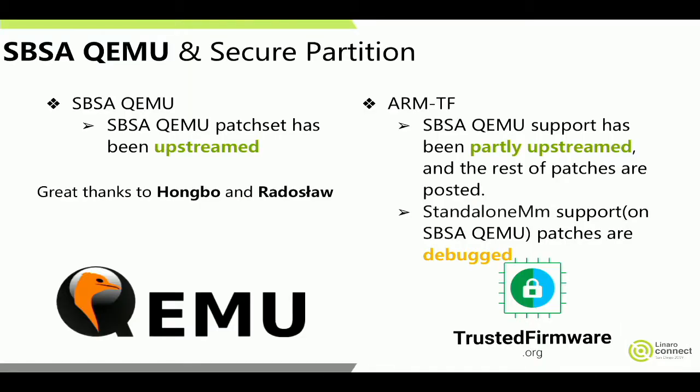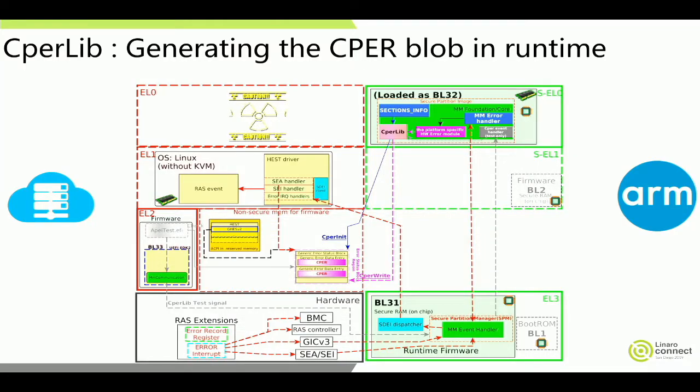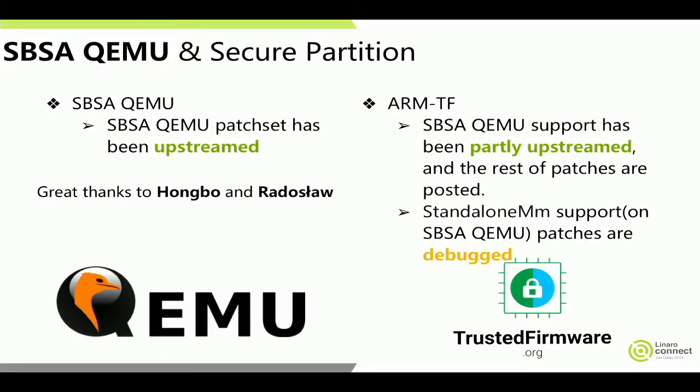Actually, we already made this kind of mechanism half a year ago. But back then I was using QEMU, but not SBSA QEMU, and QEMU does not really follow the most important ARM server spec called SBSA.